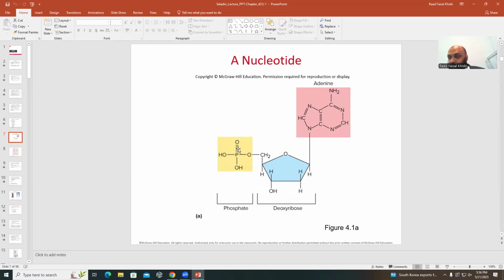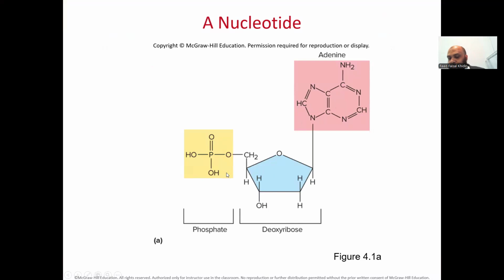It has a phosphate group, the yellow group, and it has a ribose sugar. If you look at carbon number 2, where my mouse is, does it have an oxygen? No. That's why we call it deoxyribose.